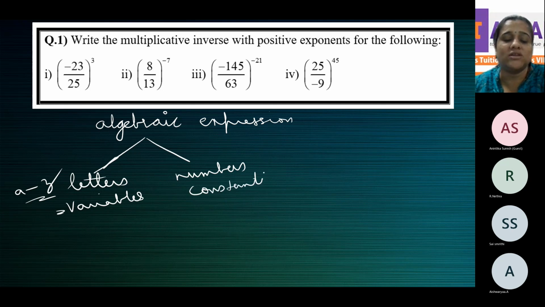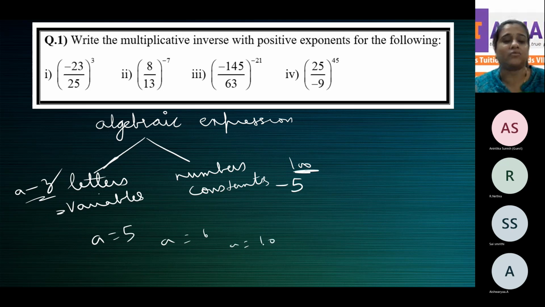Constants, because 100 is 100 only. The number 100 is a constant. It has a fixed value. Minus 5 is minus 5. But a can take any value: a can be 5, 6, 10, any value.